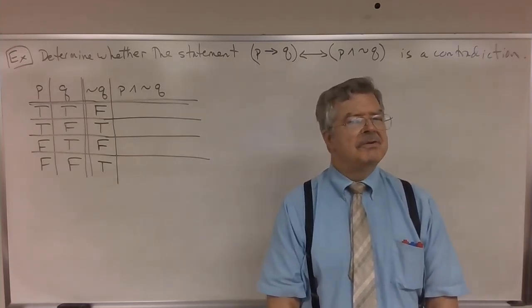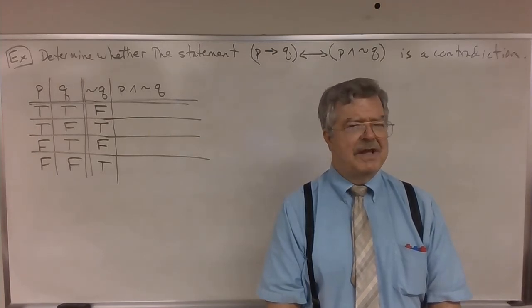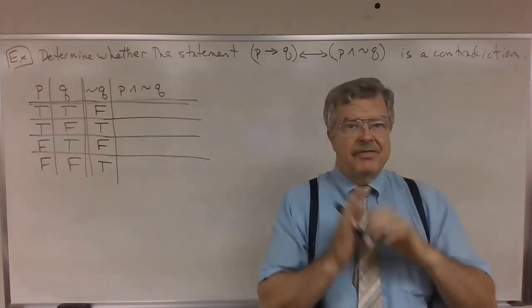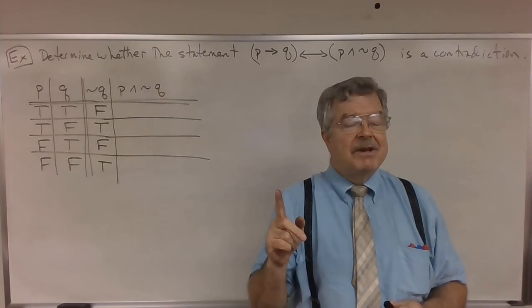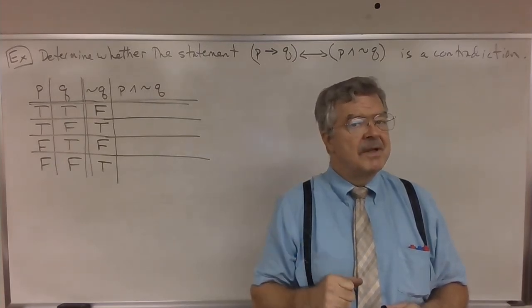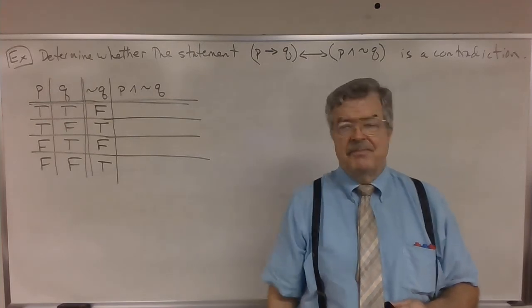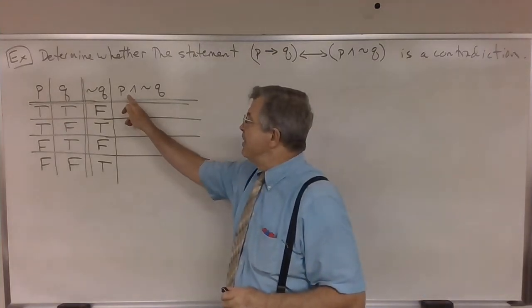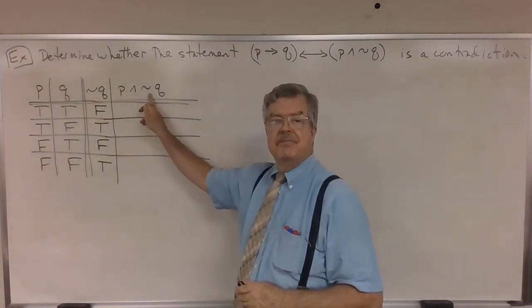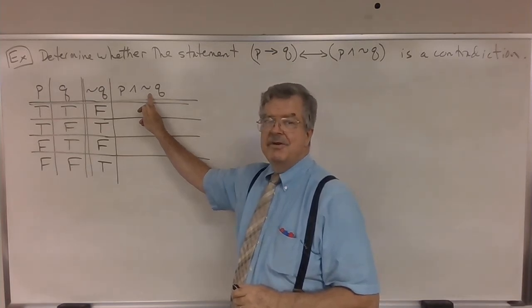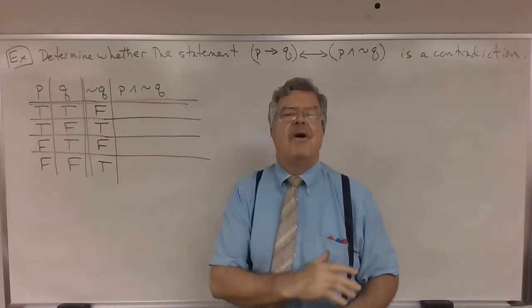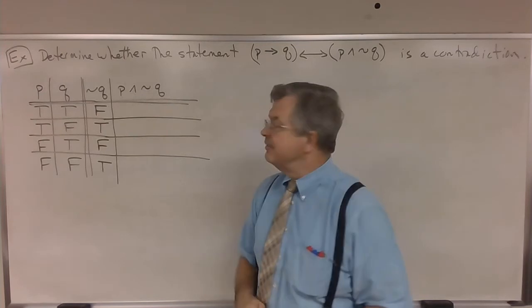Isn't it that an and statement is only true when the statements that make it up are all true? So when both of these statements are true, the and statement is true, and it's going to be false otherwise.